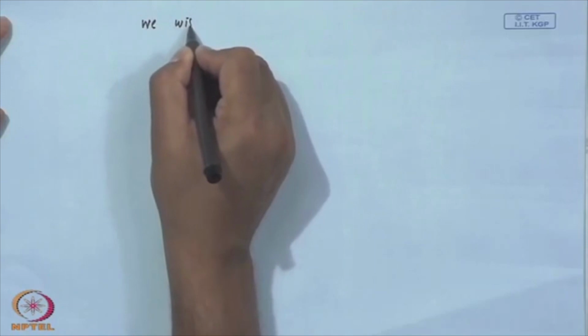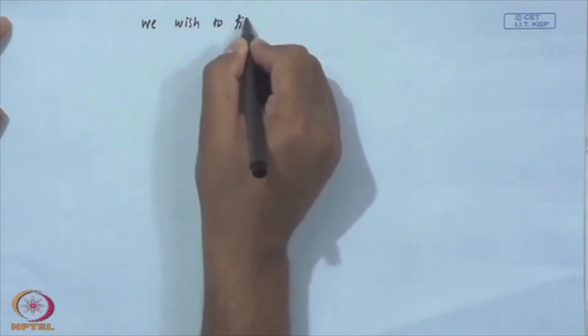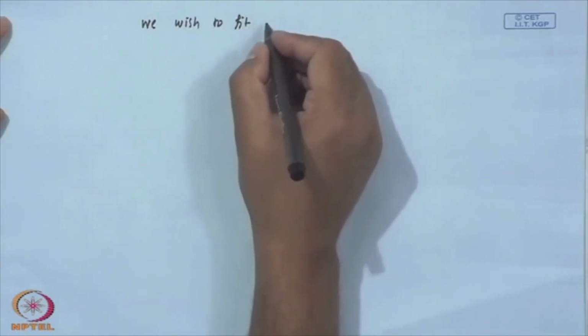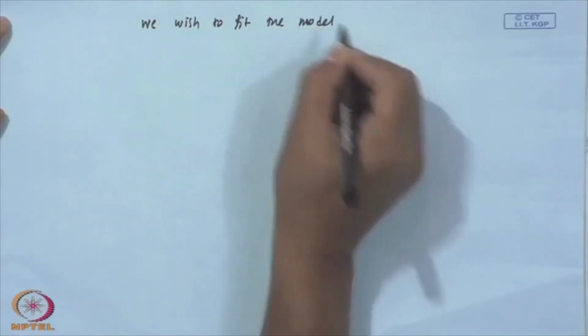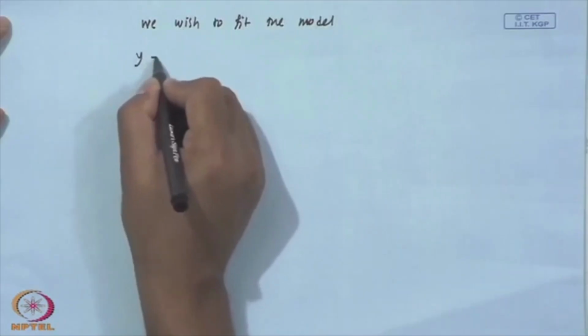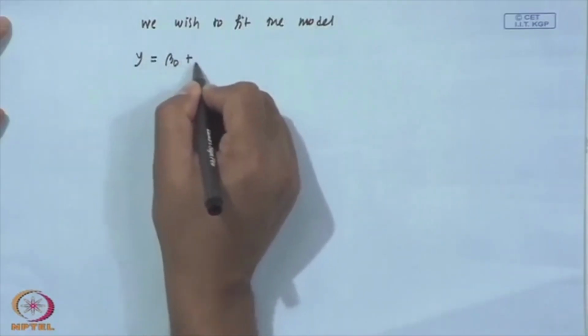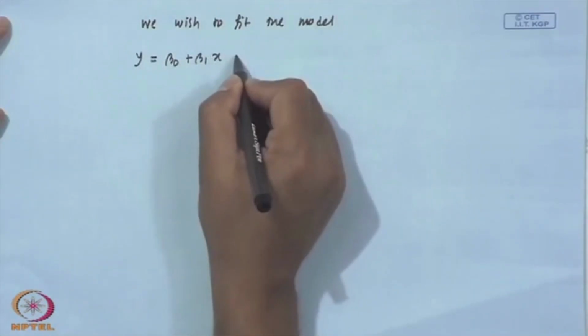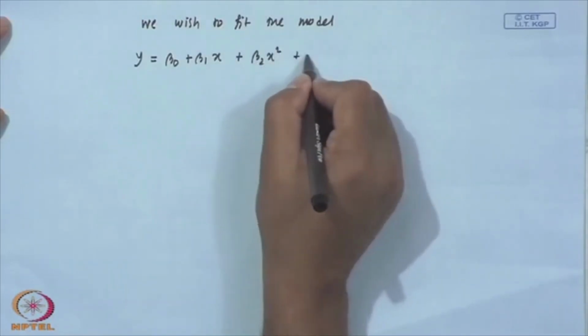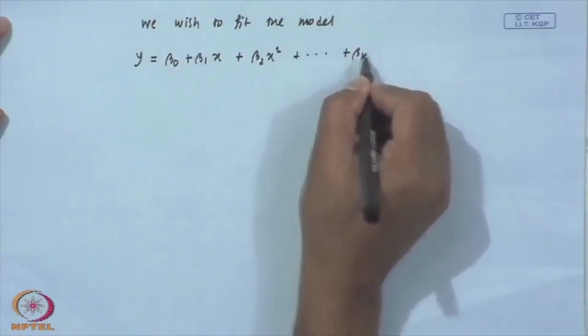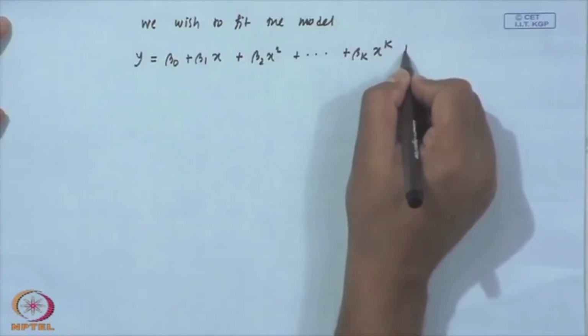Okay. So, let me recall a little bit what the polynomial model is. We wish to fit the model, say y equal to beta naught plus beta 1 x plus beta 2 x square plus ... plus beta k x to the power of k plus epsilon.